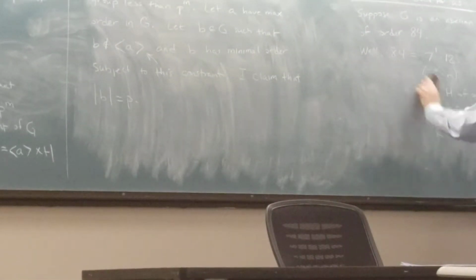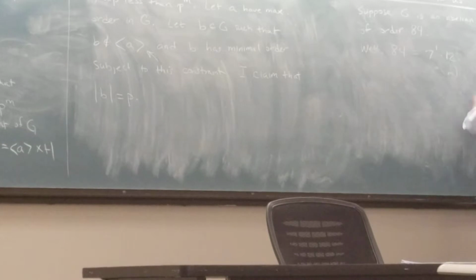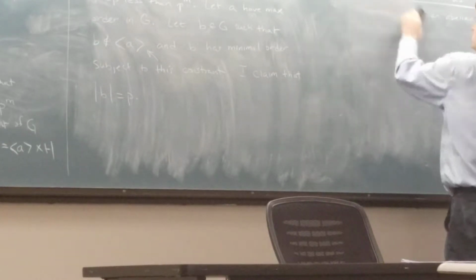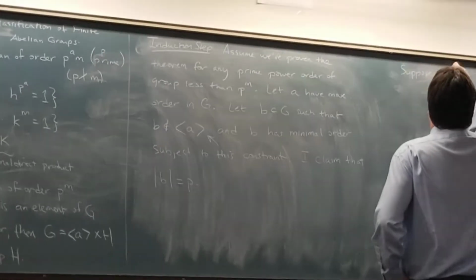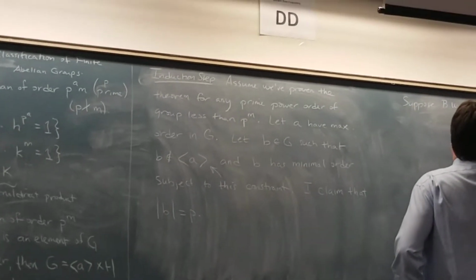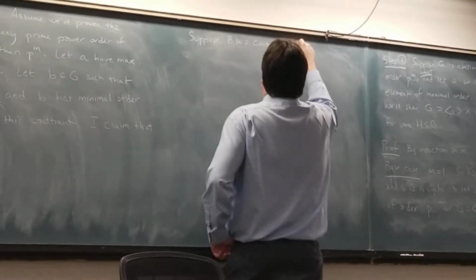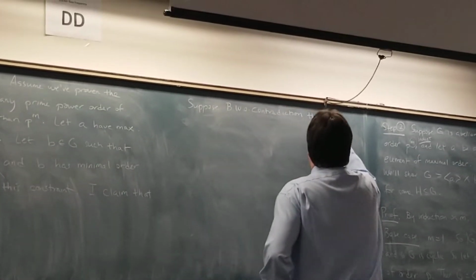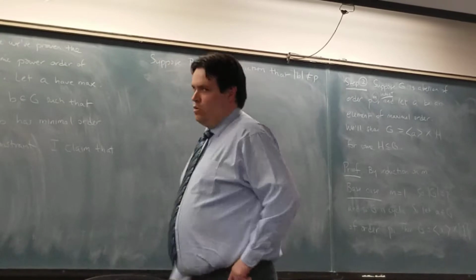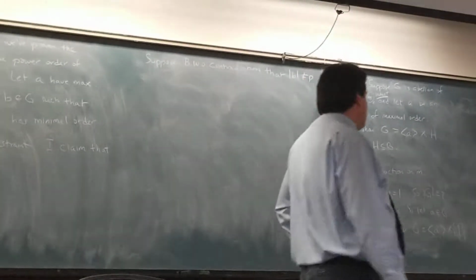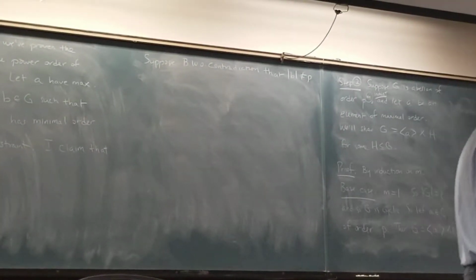Here's what that is. Suppose by way of contradiction that the order of B isn't p. Now, I'll just remind you at this point, what's the order of G?